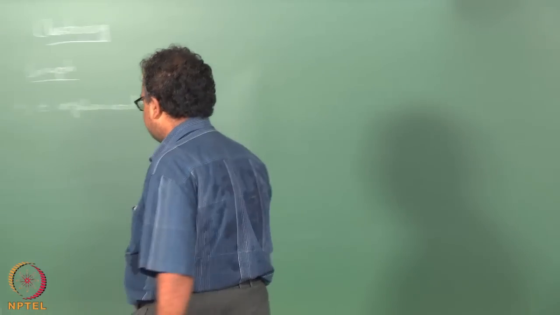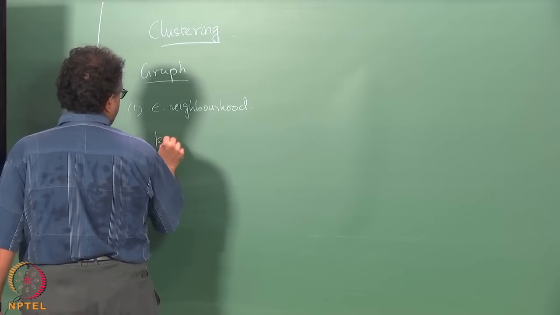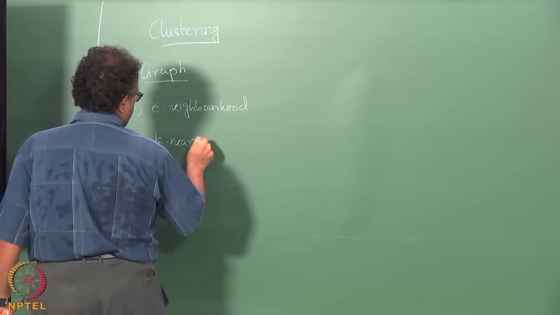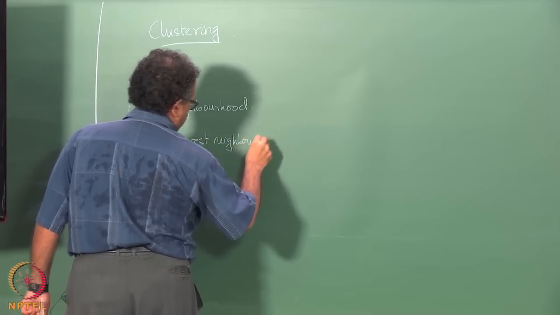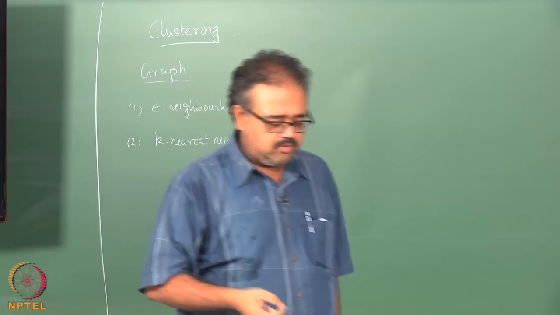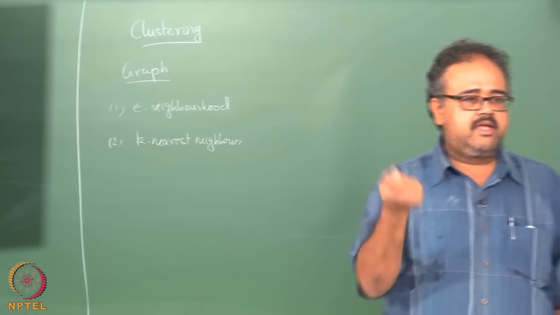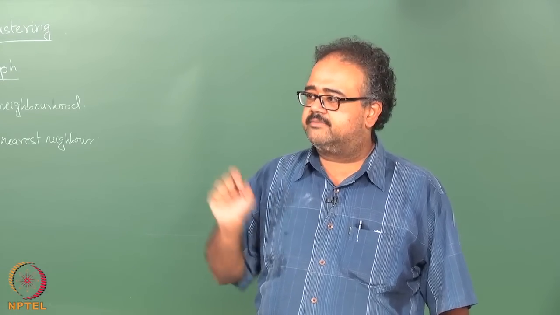So is it clear? So with epsilon neighborhood, you essentially end up with an undirected unweighted graph typically. The second thing you could do is called the k nearest neighbor graph. So I take a point, I find the k nearest neighbors to that point and connect them.